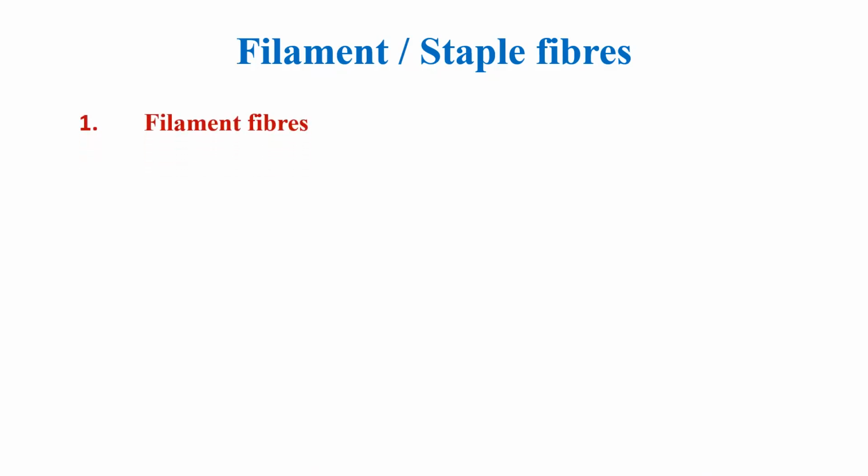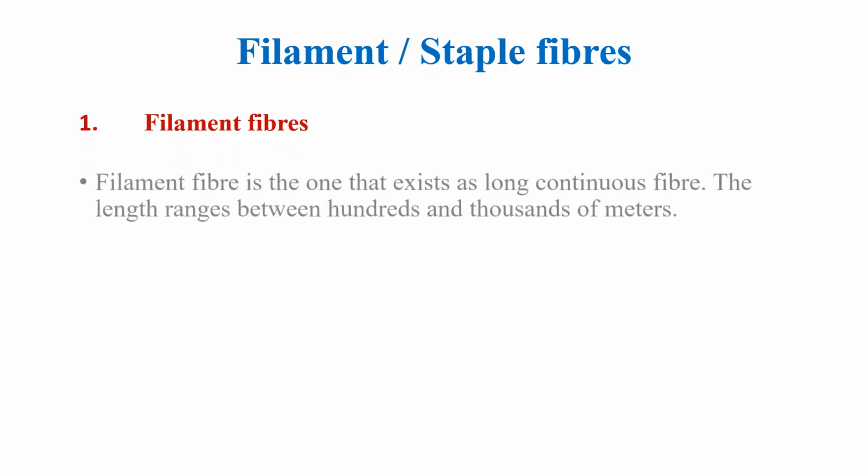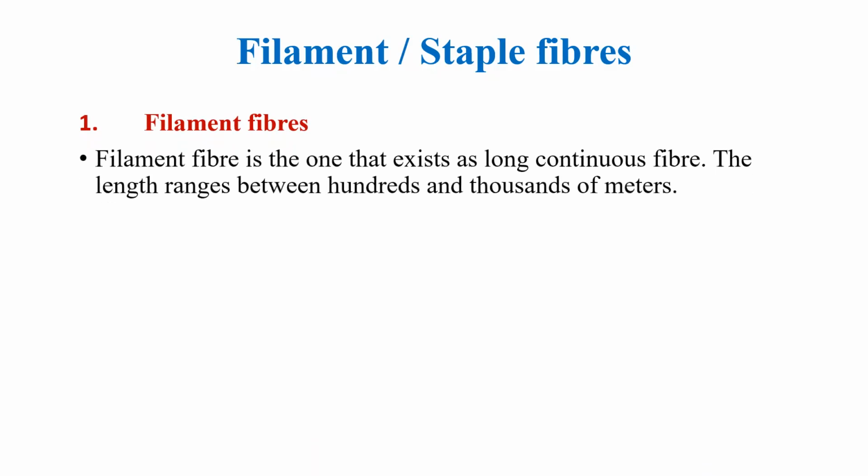So the filament and staple fibers. What is a filament fiber? As I've already discussed, filament fiber is the one that exists as long continuous fiber. The length ranges between hundreds and thousands of meters. So it's very long in length.